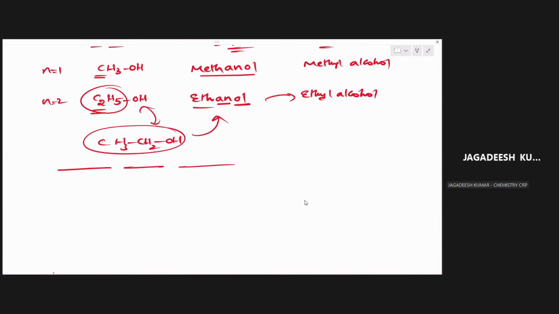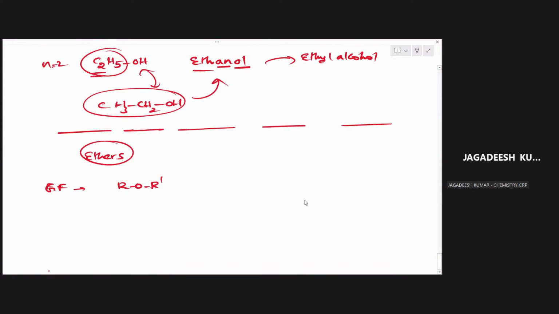Next, another functional group: ethers. What are ethers? First of all, we have to know the general formula of ethers. The general formula is ROR'. Here R and R' are both alkyl groups only, meaning CnH2n plus 1.